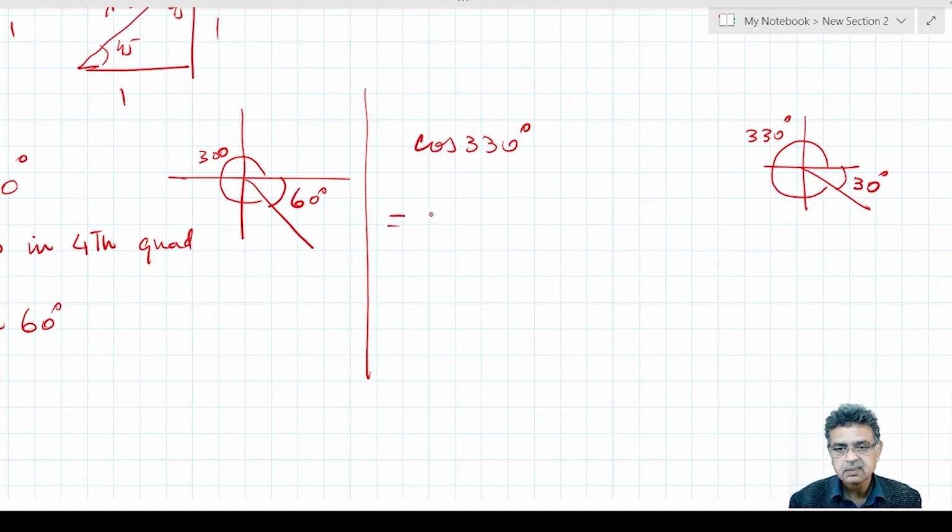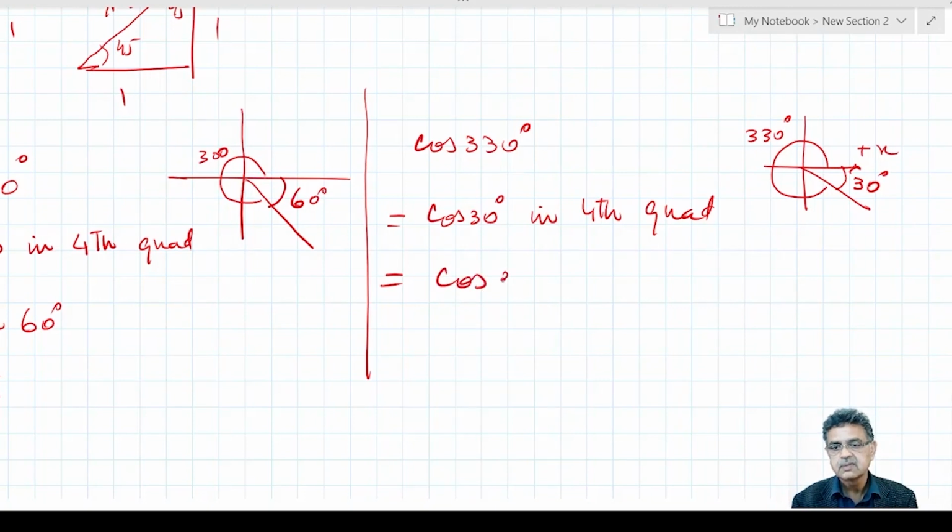So we can write it as cos 30 degrees in the fourth quadrant. What is it in the fourth quadrant? That is on the right hand side of the y-axis where x is positive. So this will be positive cos 30 degrees.